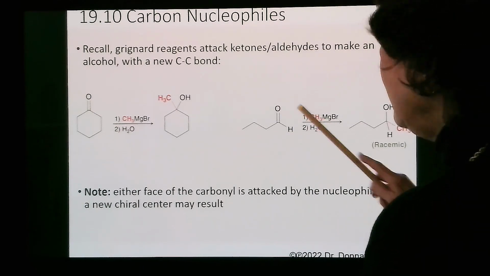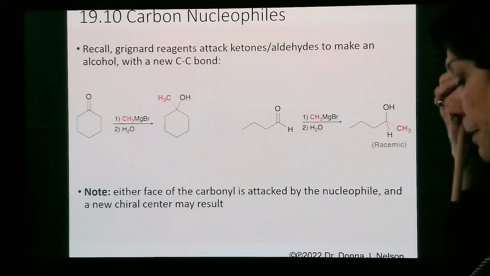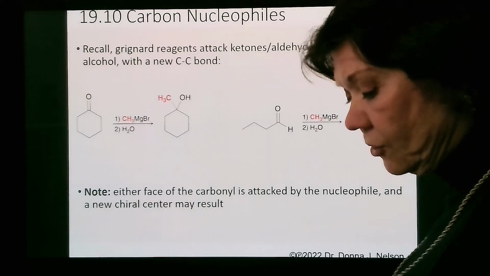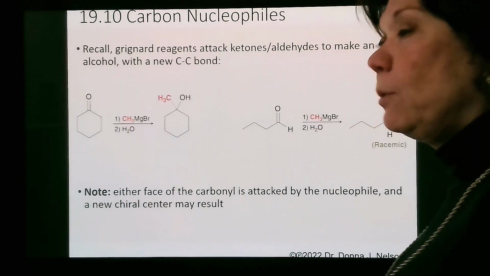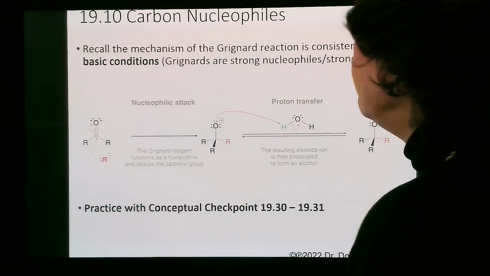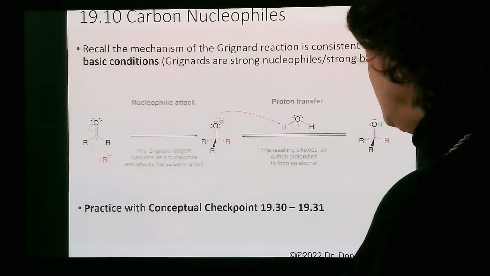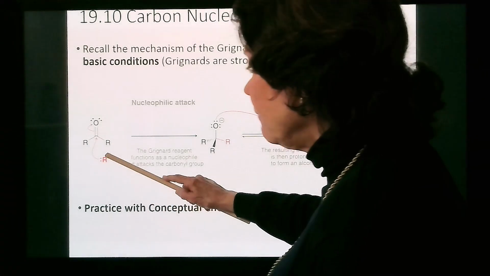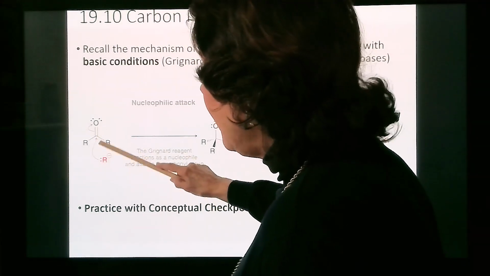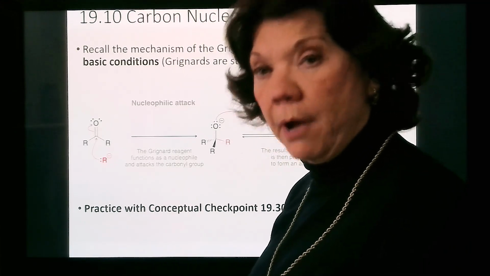And notice it is a new carbon-carbon bond formed. You've actually seen this reaction before in the synthesis of alcohols, so that would be chapter 12 of Klein's textbook. You've seen that before. Here is the mechanism. You can see the pair of electrons coming in and populating the antibonding orbital, helping to break the pi bond.